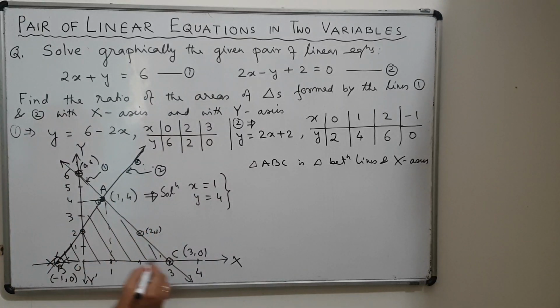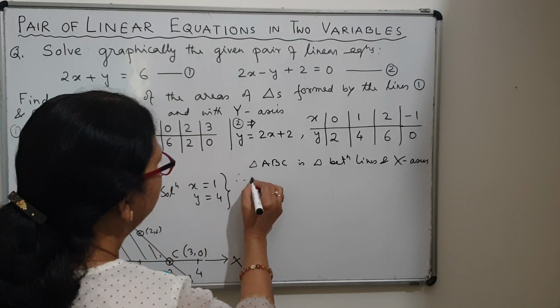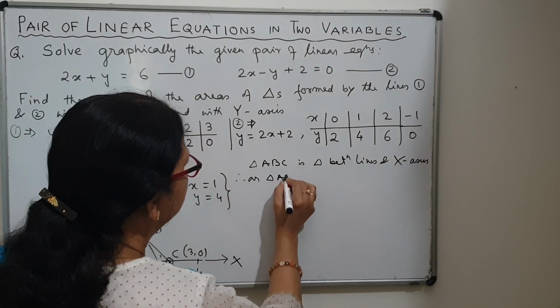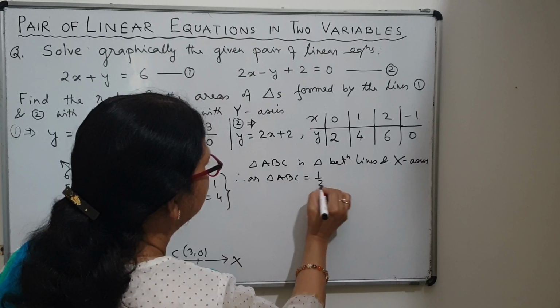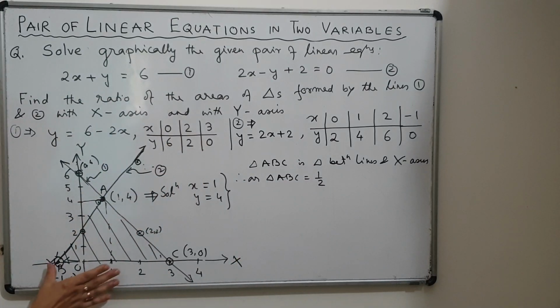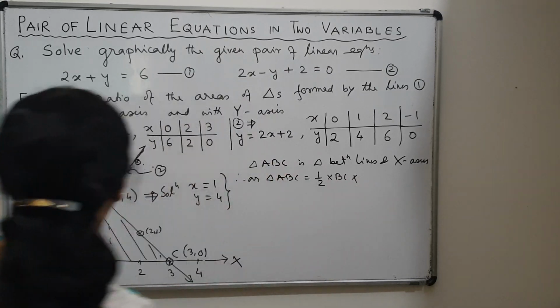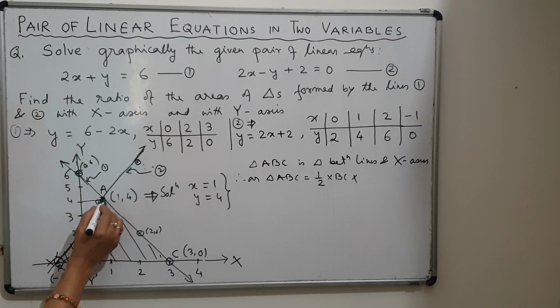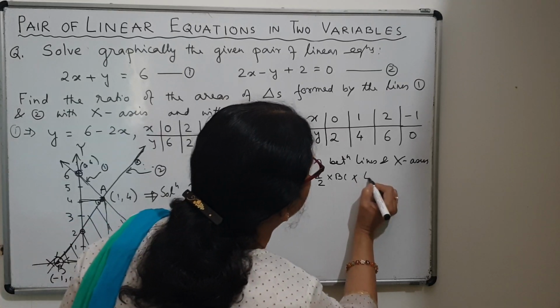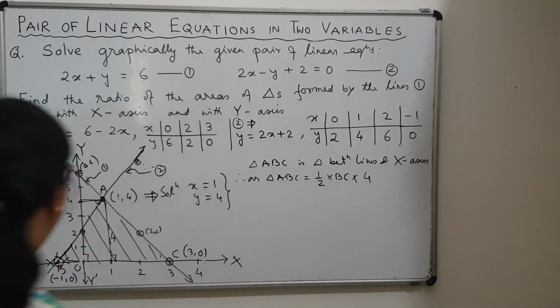That I've shown you. So therefore area of the triangle ABC is half base into altitude. What is the base? BC. And what is the altitude? This is the altitude, and this is the same as this. So altitude is 4. And what is BC?